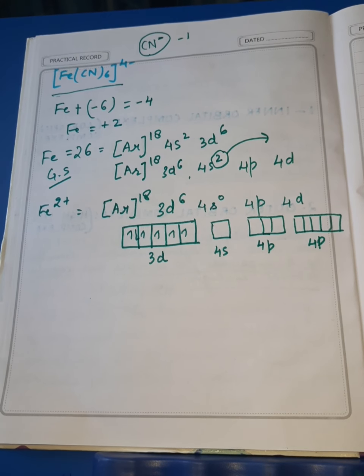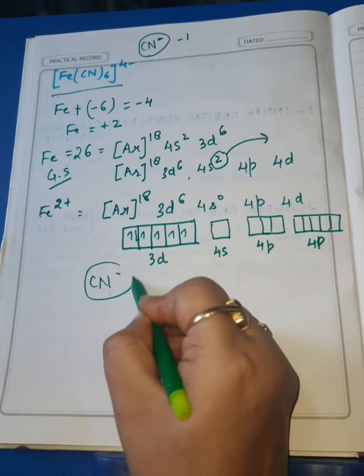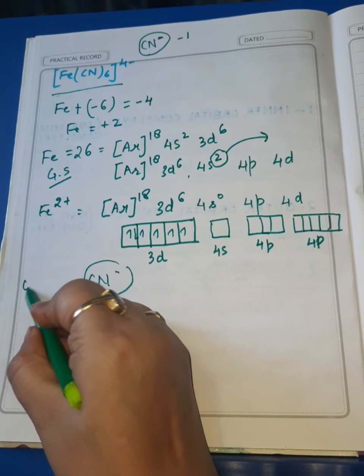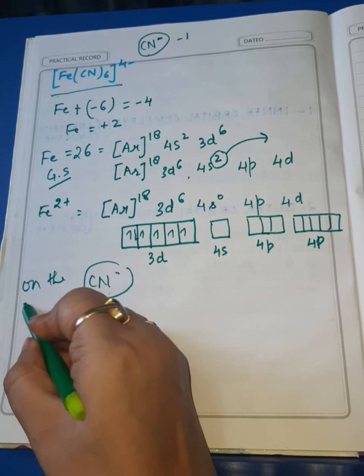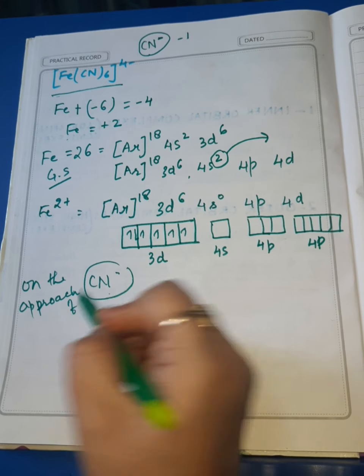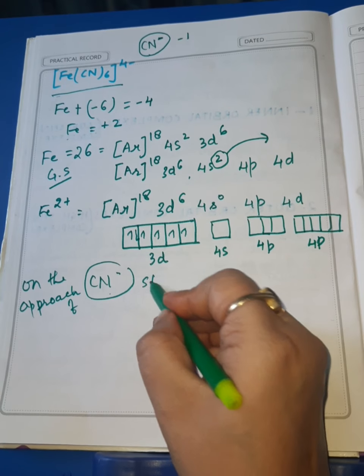Now, when the ligand CN minus approaches Fe2+ to form the complex, you need to remember that CN minus is a strong ligand.